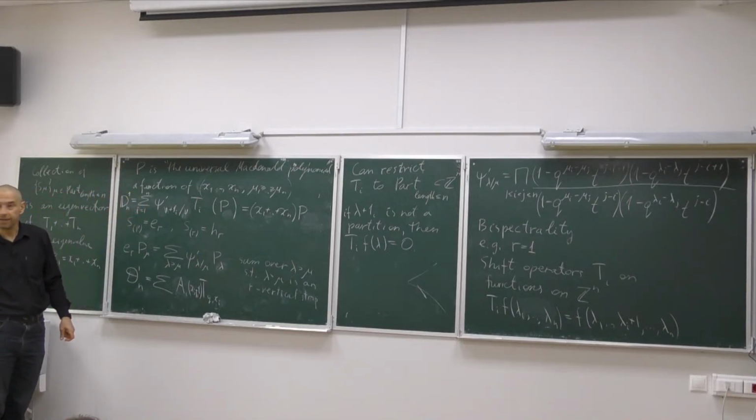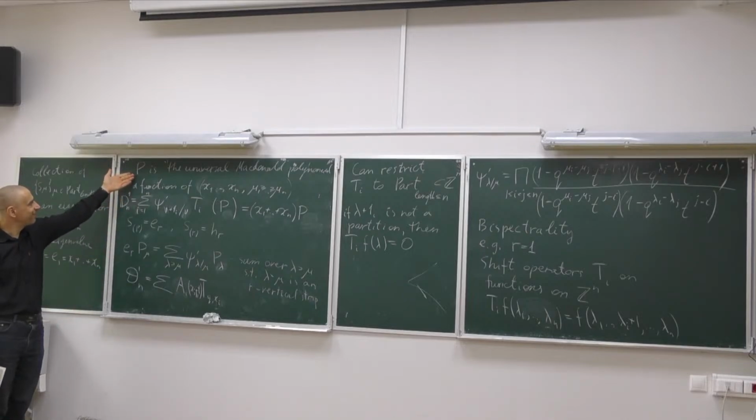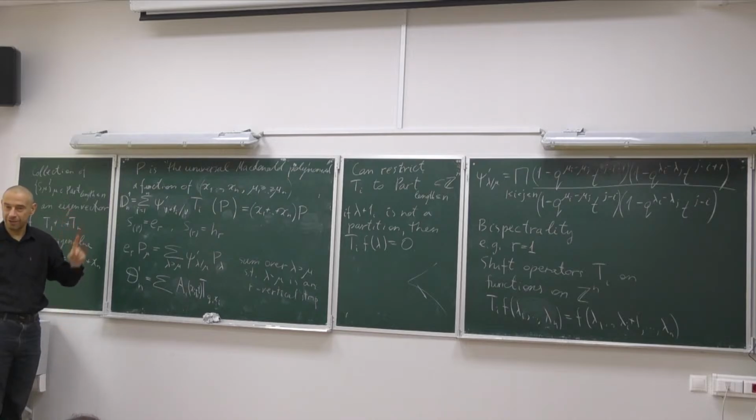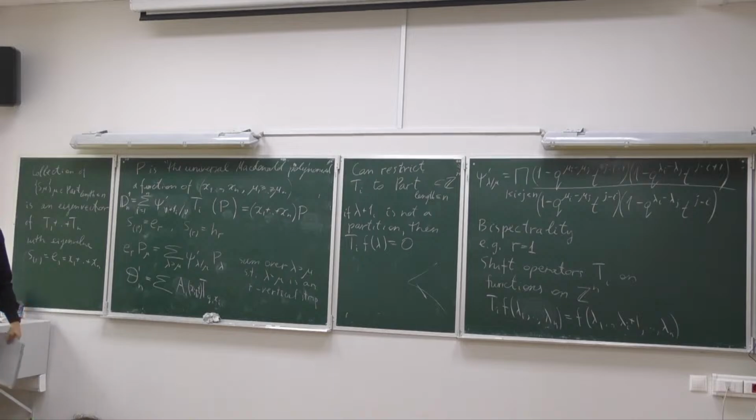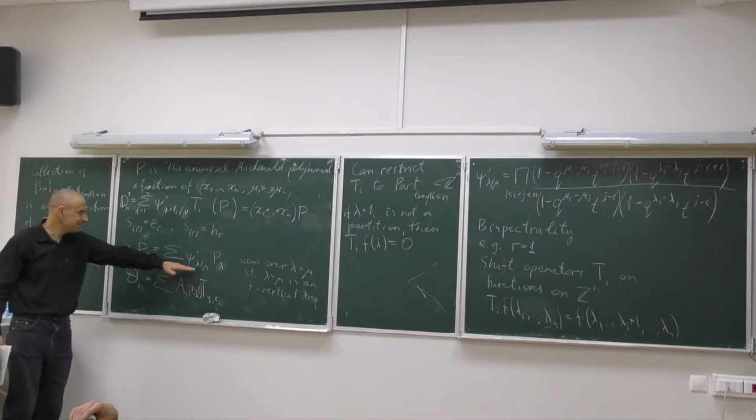Pardon me? P is this universal polynomial. Just this one universal polynomial. Вот эта верхняя сумма связана вот с этой суммой в форме двери. It is just this.